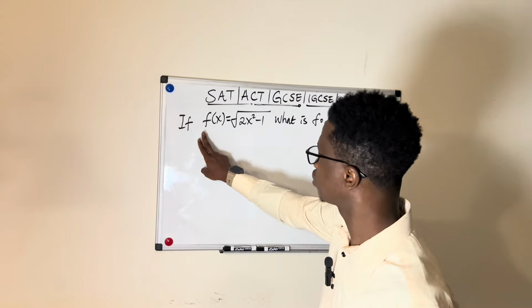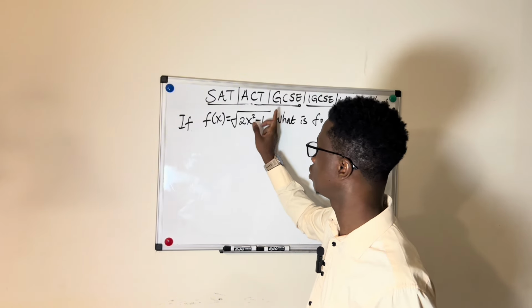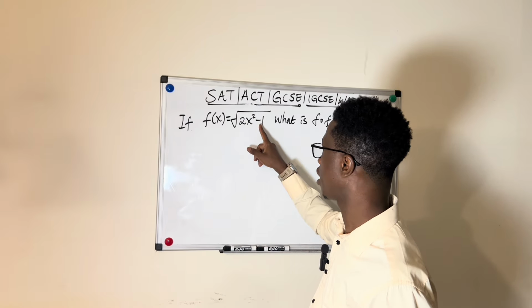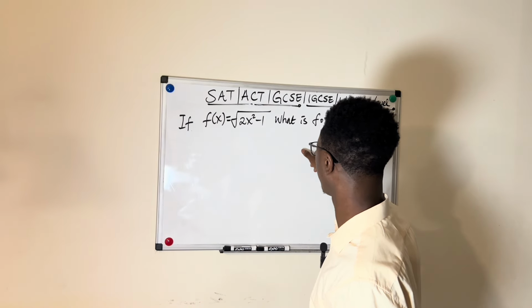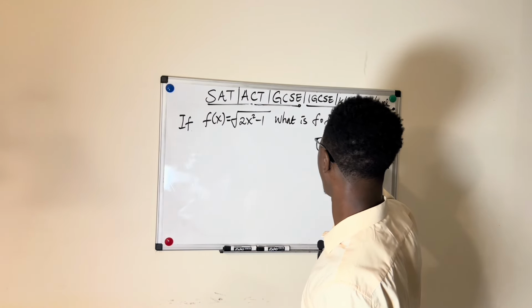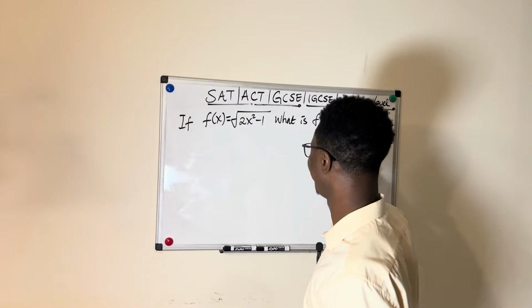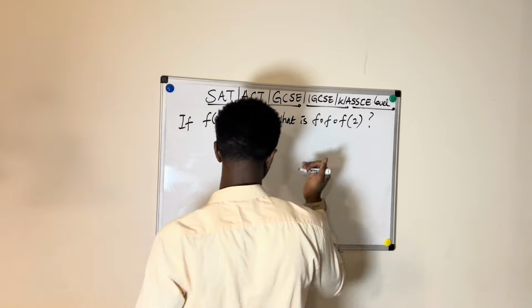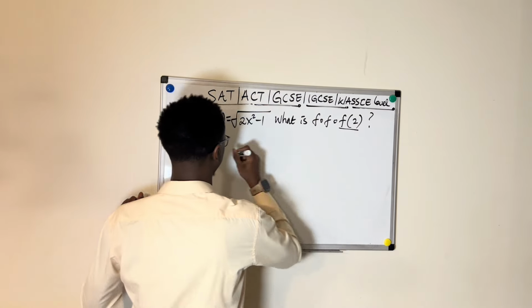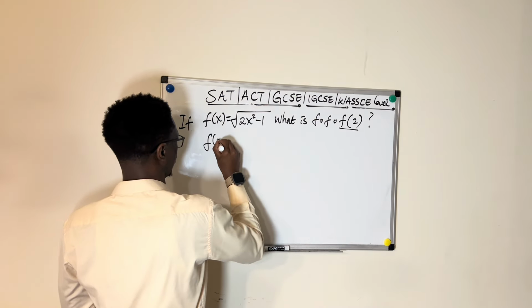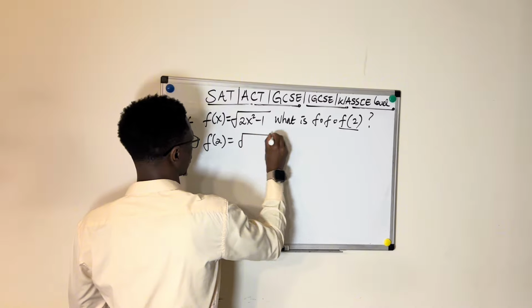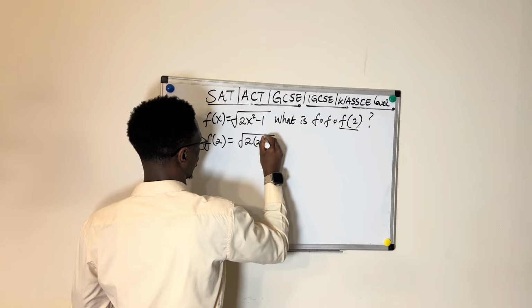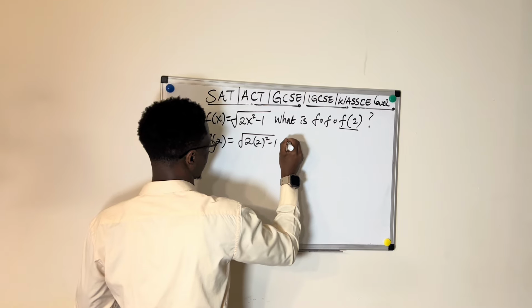This one says if f of x equals the square root of 2x squared minus 1, what is f of f of 2? The same thing, we start with the inside. Your f of 2 is root of 2 into 2 all squared minus 1.